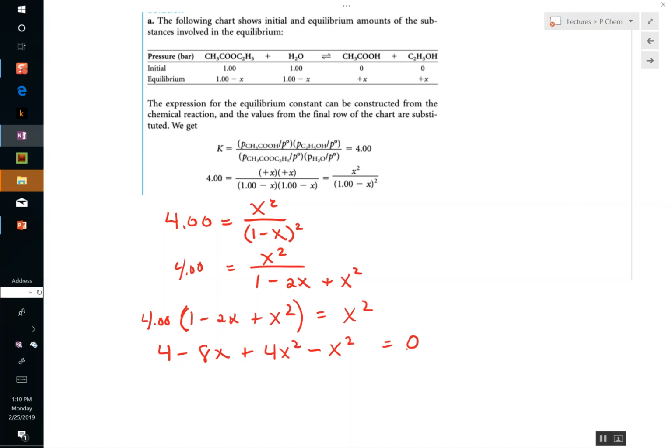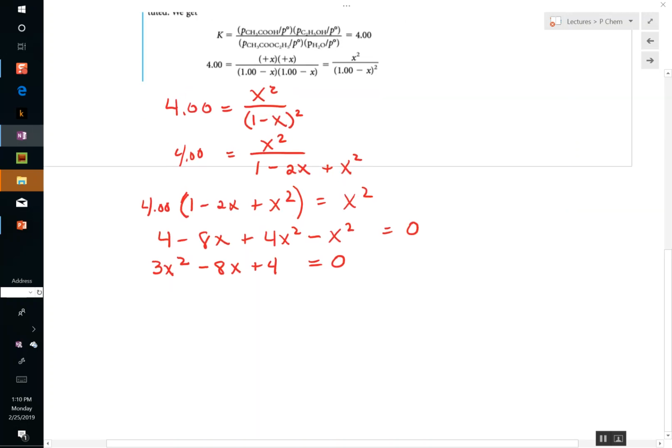Okay with that so far? So this is going to kind of come around to this. X equals 2/3 or 2. Okay.